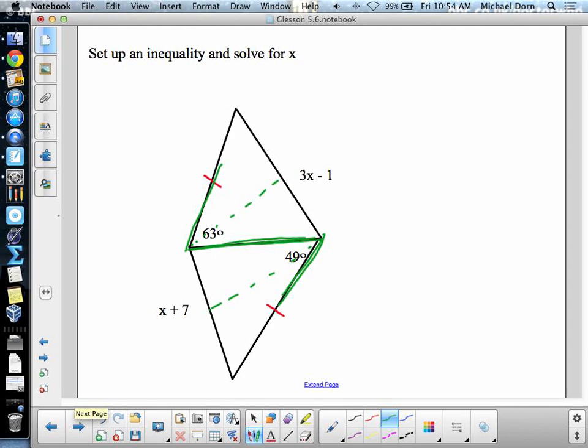Right? Which angle is larger, the 63 or the 49? This is not a trick question. 63 is obviously larger, so which side has to be larger, the 3x minus 1 or the x plus 7? 3x minus 1 must be larger, so we set up our inequality: 3x minus 1 is greater than x plus 7. And we simply solve that.